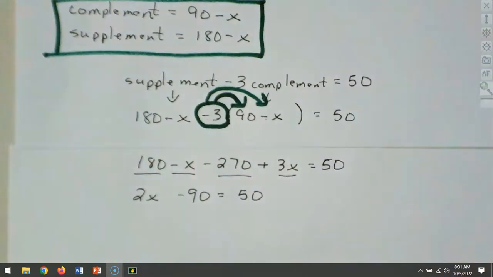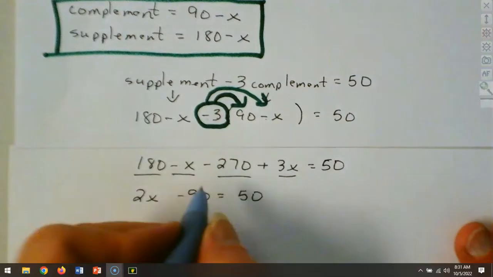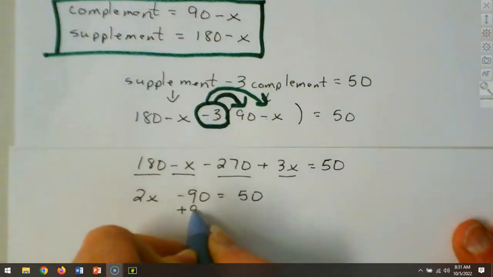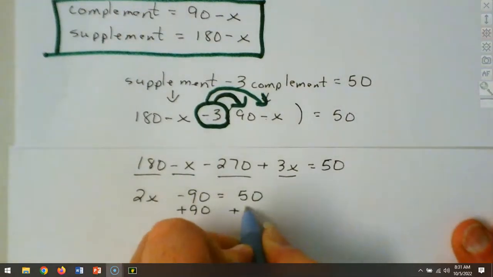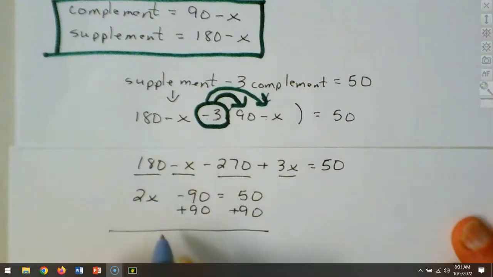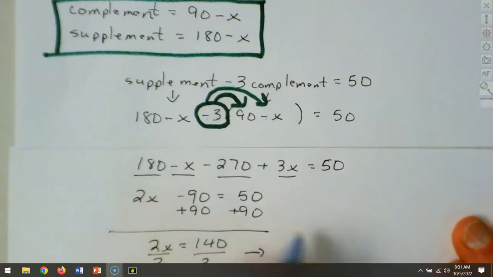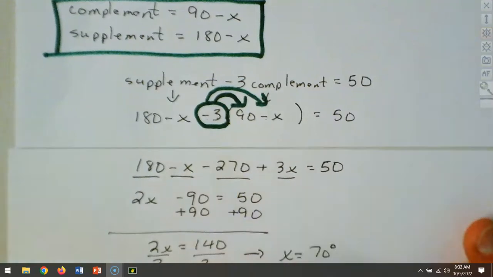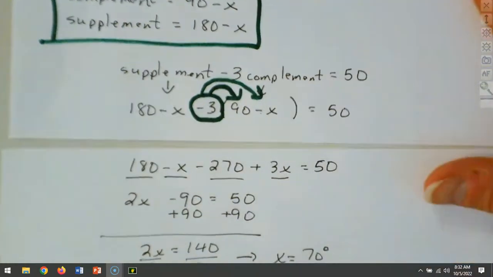And what's my next step going to be? Add the 90. Okay, so now we've got 2x equals, adding those together, 140. Divide by our 2. And now we have our answer, which is 70. And that's going to be 70 degrees there.